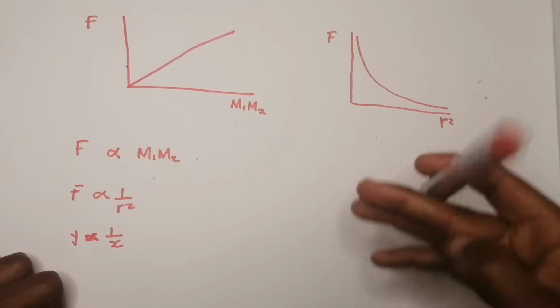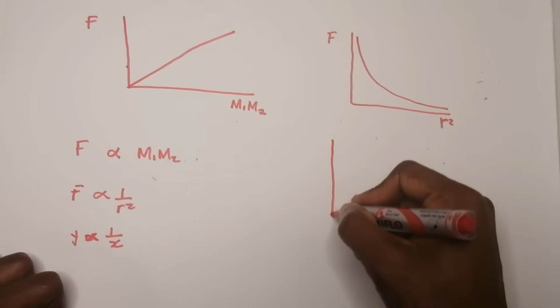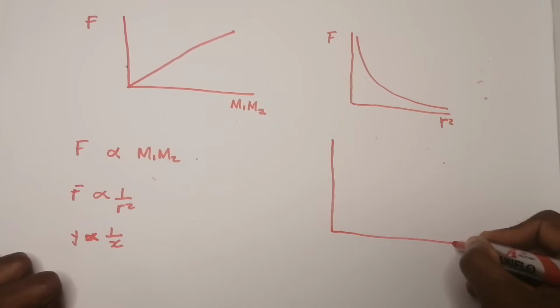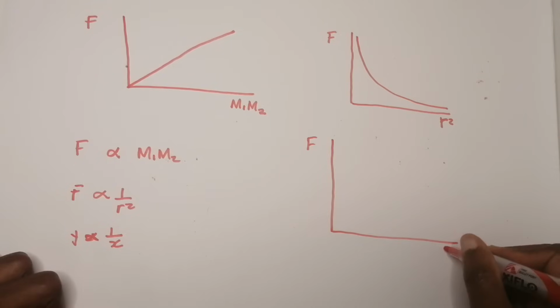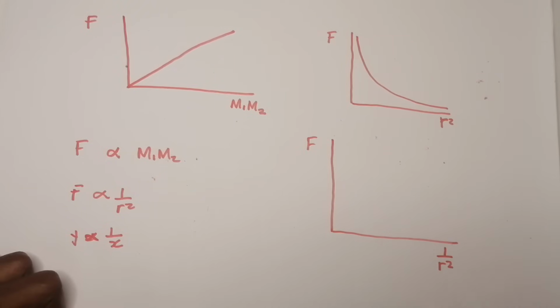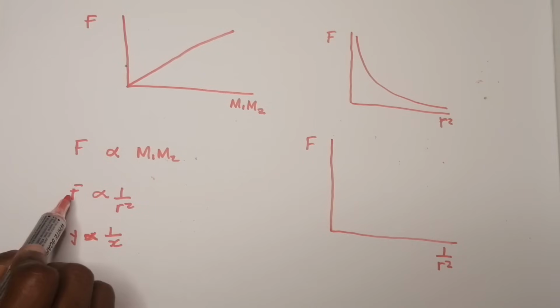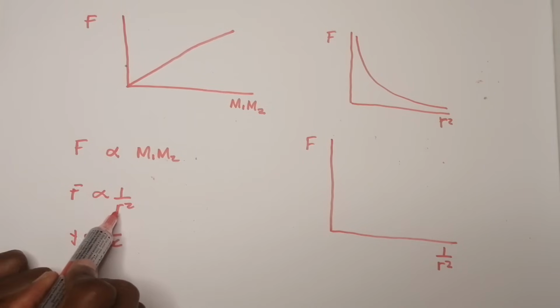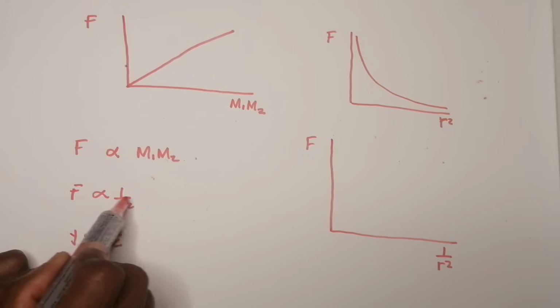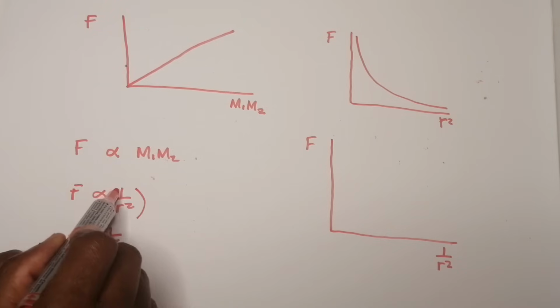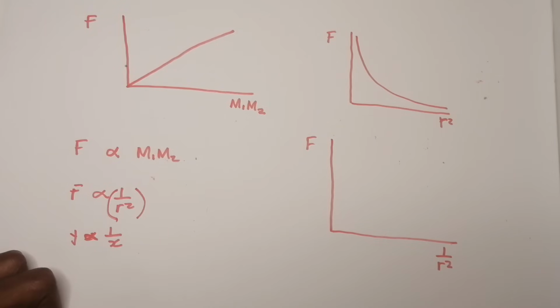But I have seen in previous years where they actually had a graph of force against the inverse of the distance squared. Now note, I can put it to you this way. I can say force is inversely proportional to the square of the distance, or I can say force is directly proportional to the inverse of the square distance.